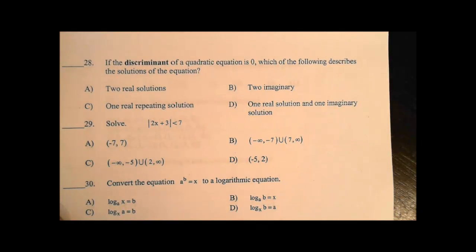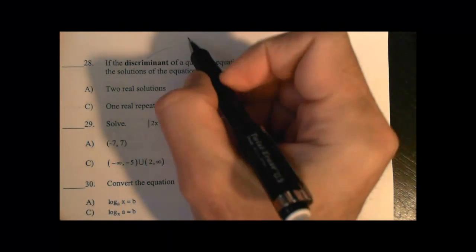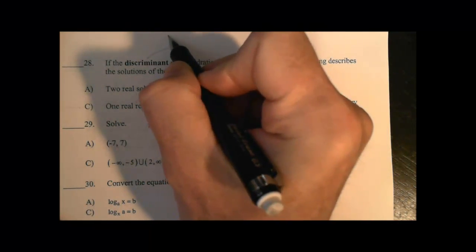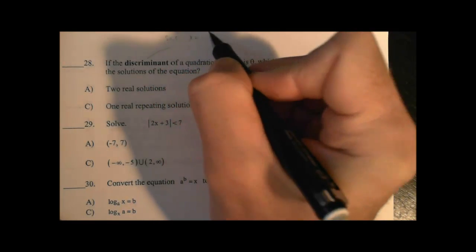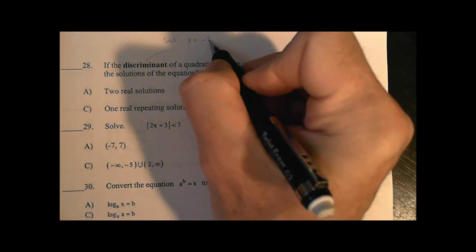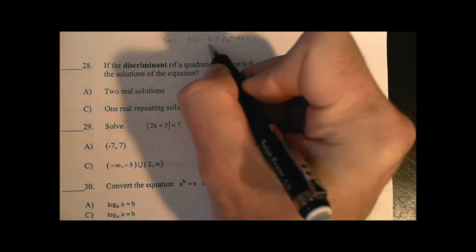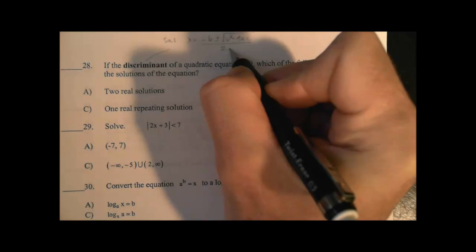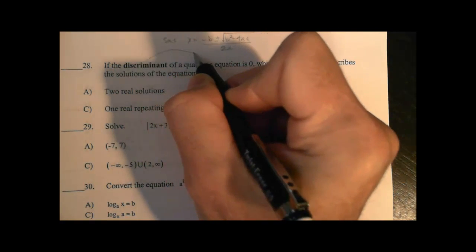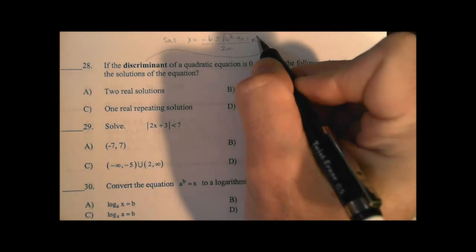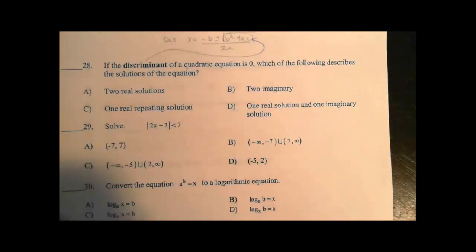In number 28, the discriminant, remember, the solutions via the quadratic formula are minus b plus or minus the square root of b squared minus 4ac, all over 2a, and the discriminant is that thing under the root.